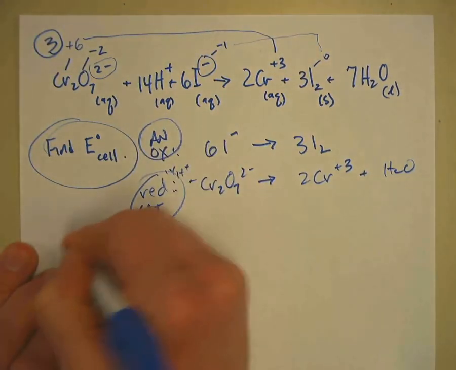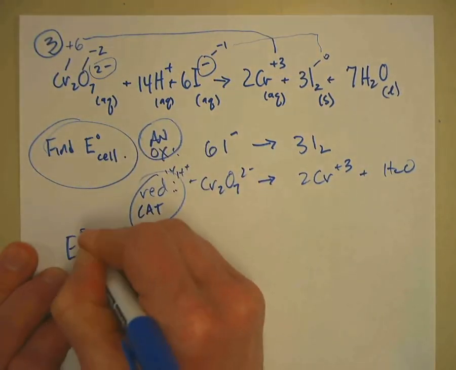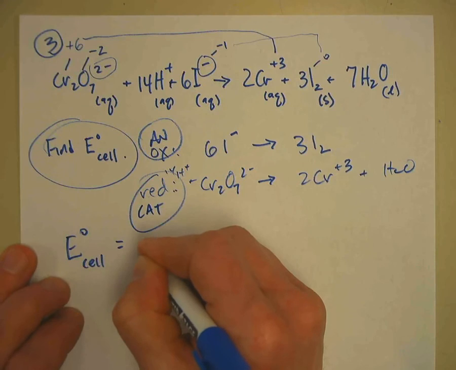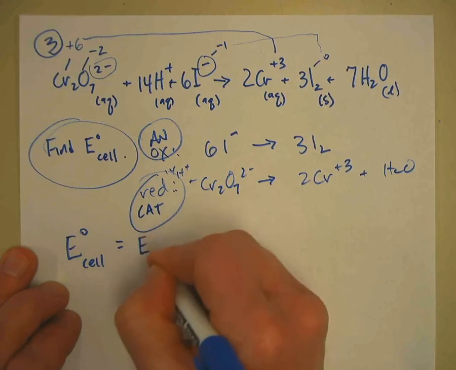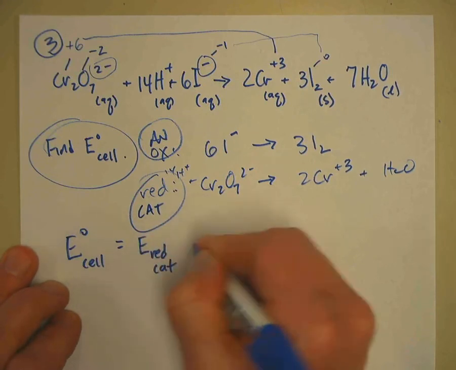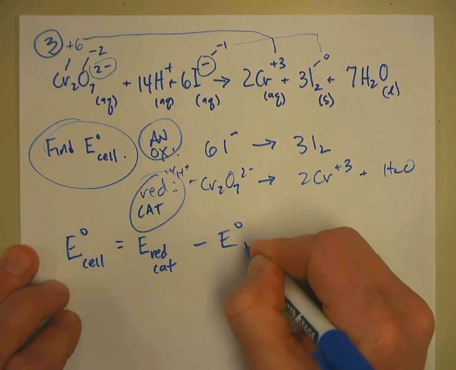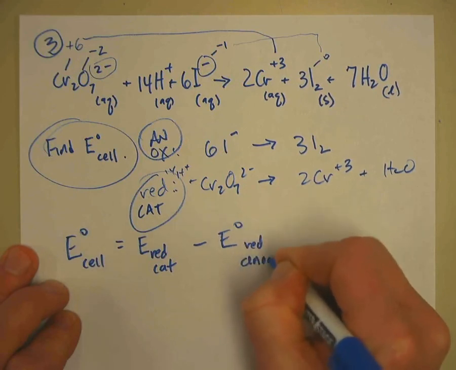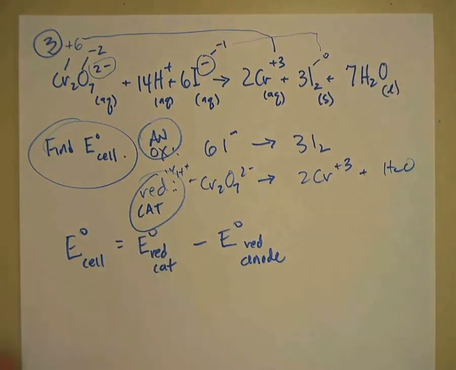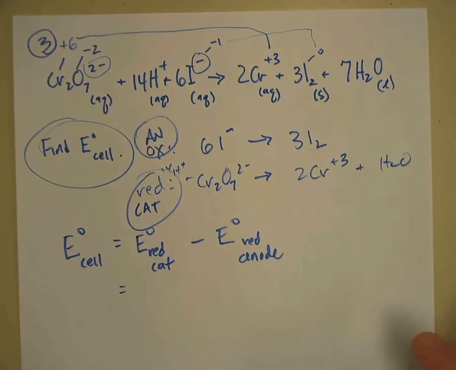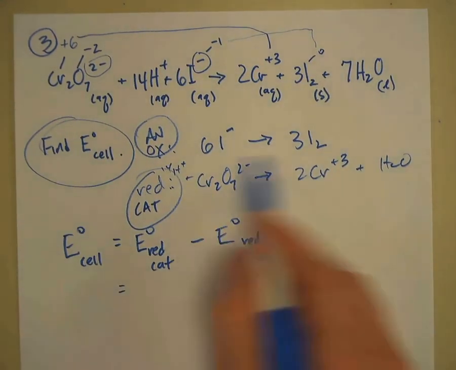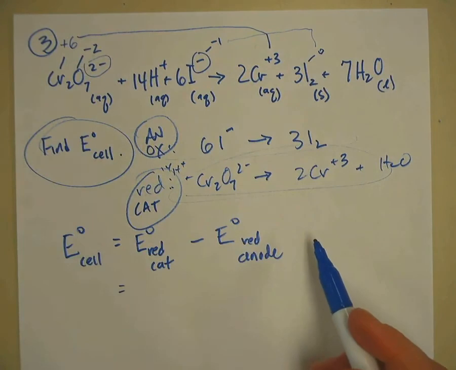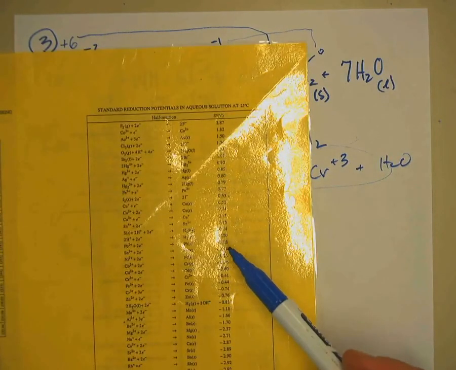And to find the E circle at standard conditions of the cell, I need to take the standard reduction potential of the cathode minus the standard reduction potential of the anode. Don't forget to put the little circles there because they mean that it's at 25 degrees Celsius, 1 molar solution, 1 atmosphere.